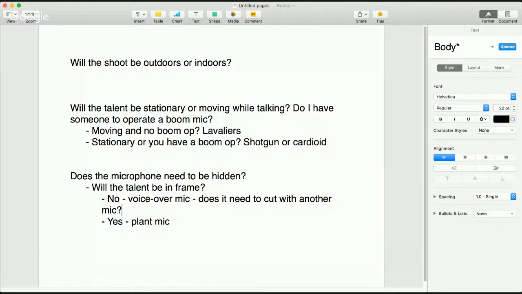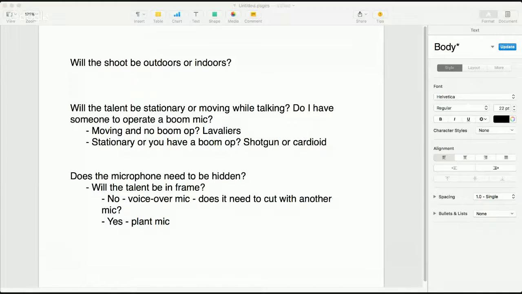Now, in some cases, for maybe a talk show, it will be okay to have a microphone in the frame as well. And in those cases, I think you're better off with a microphone that you might use for voiceover, for example. So if you are doing a show where you have several talent and they're each going to be sitting at a table talking and you have the budget for multiple microphones, something like this may be a good choice.